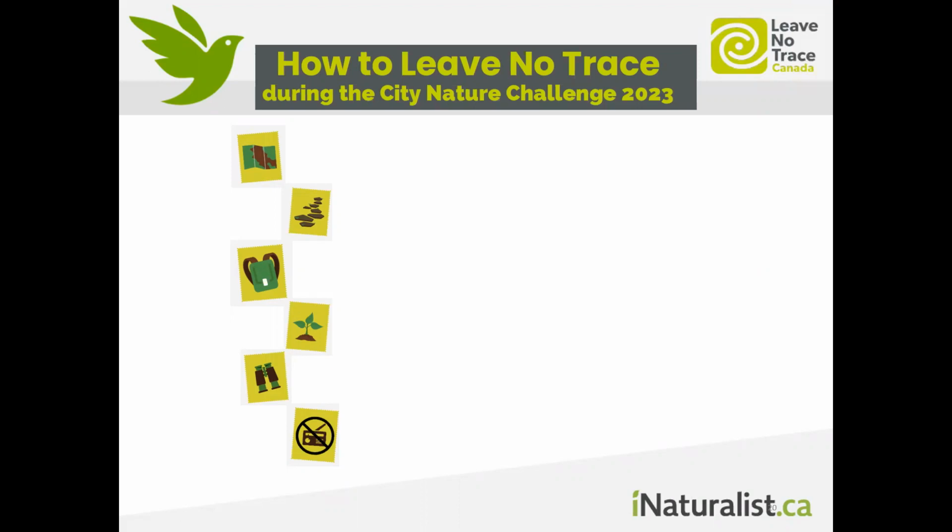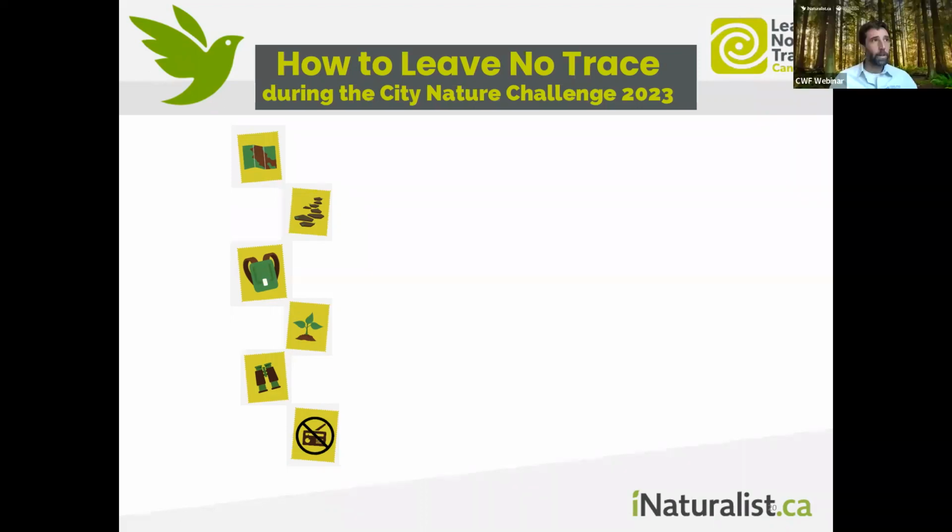Okay, can you clarify geoprivacy? What did you mean by that? Oh yeah, I should have mentioned that when I was talking about adding observations. Geoprivacy is basically how others will see your observation on a map when you add it. There are two kinds of geoprivacy. There is an automatic one, called taxon geoprivacy, which is basically a list of 200 species or so that are at risk if their location is known.